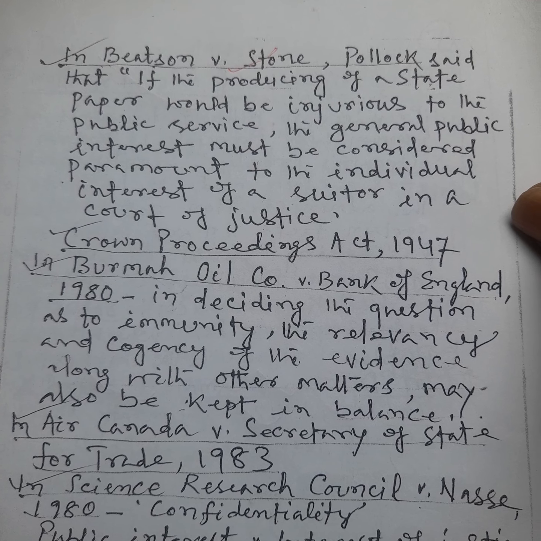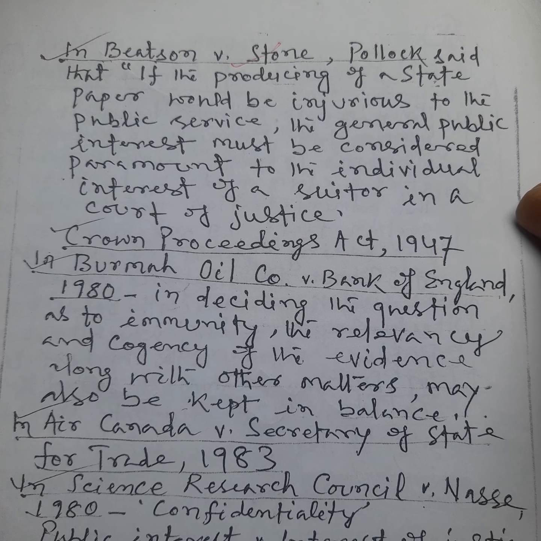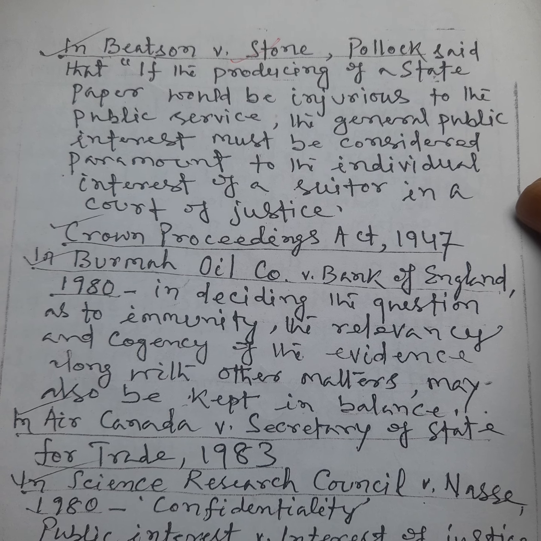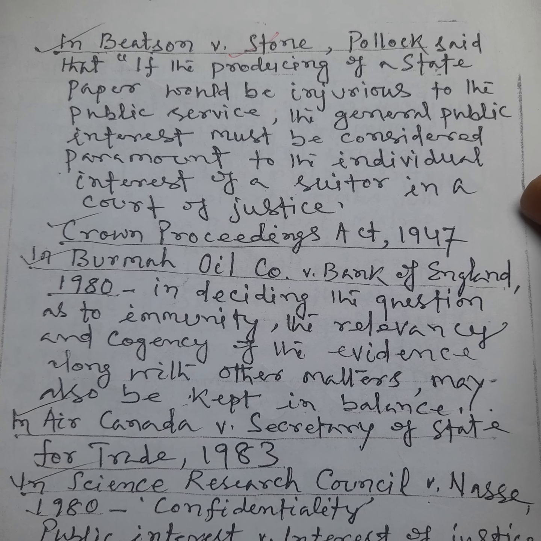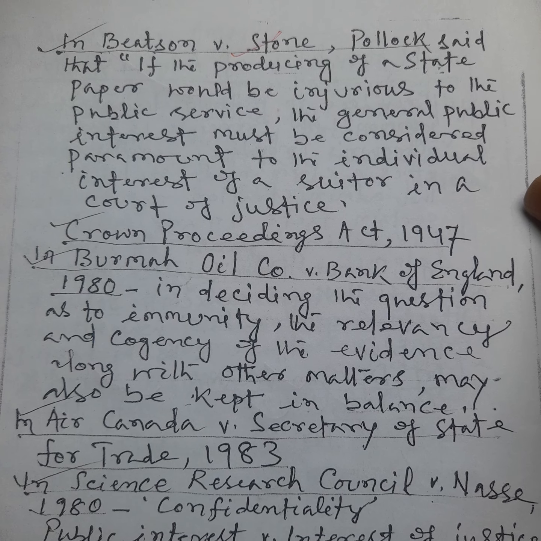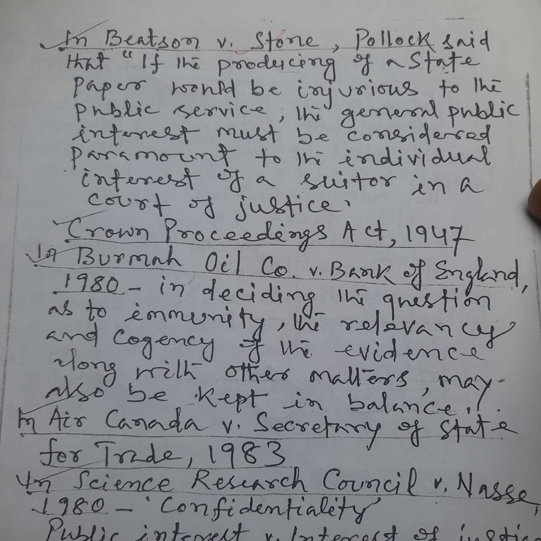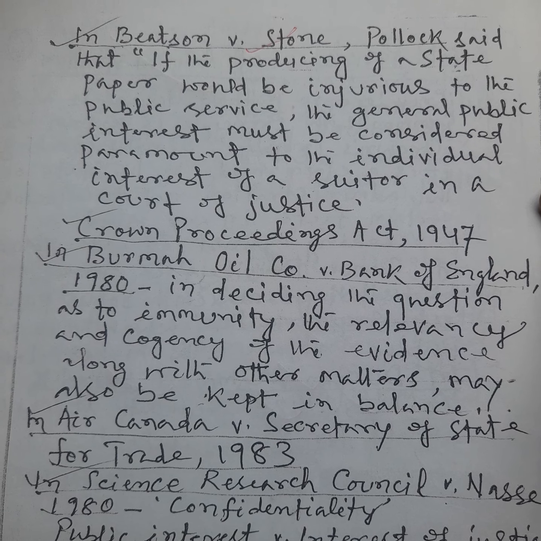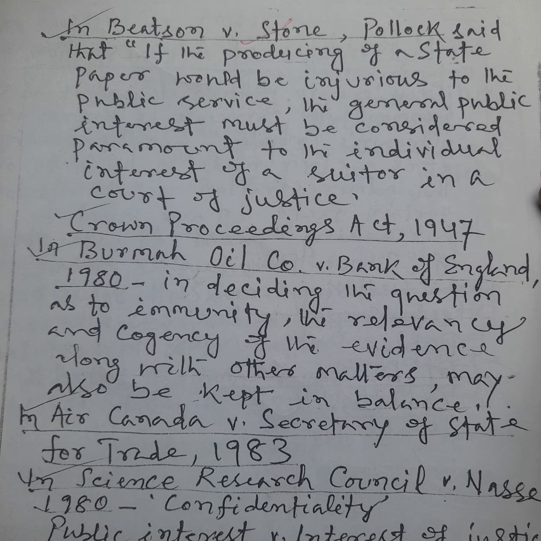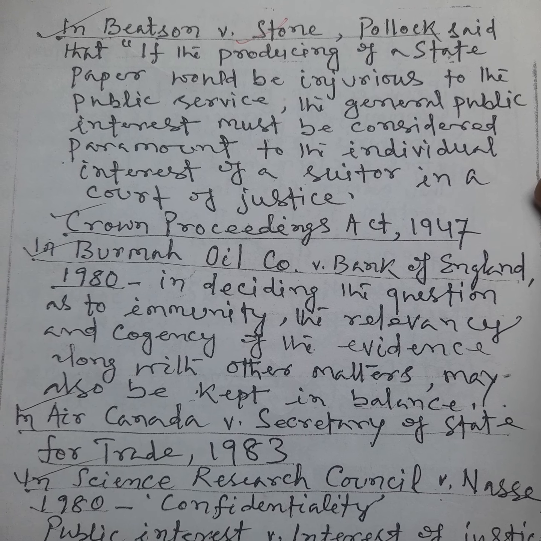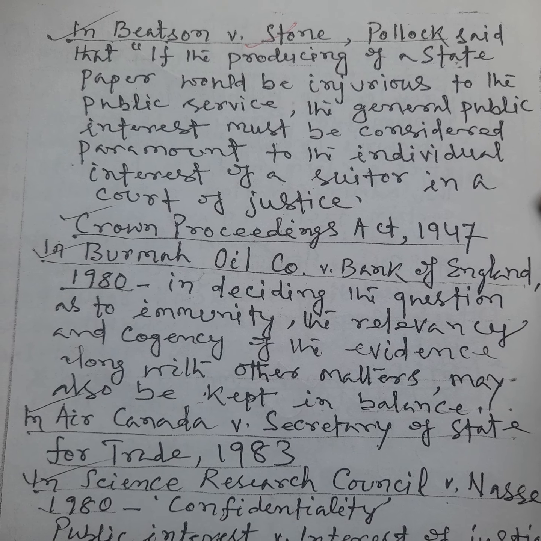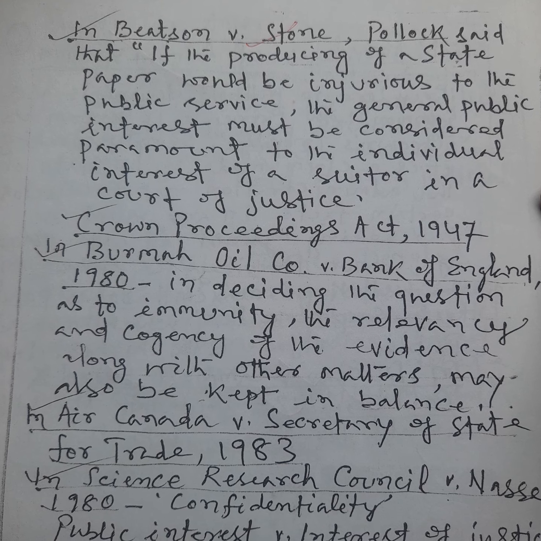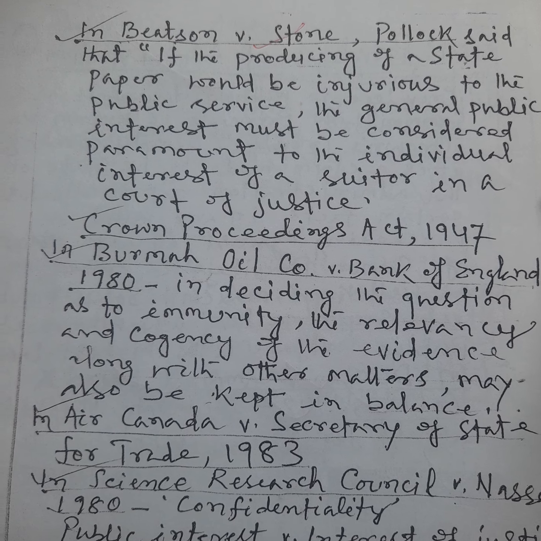So, in view of that, the Crown Proceedings Act 1947 was enacted, and the Crown and its servants and the government became liable for any action committed in regard to tort or contract.